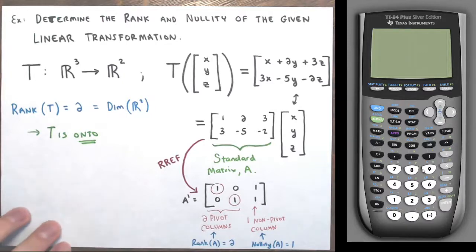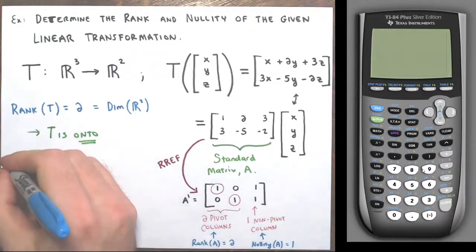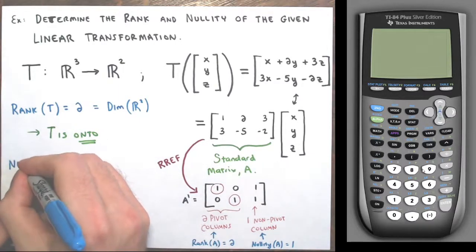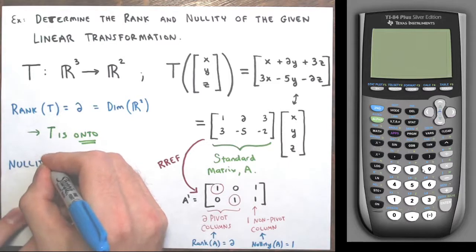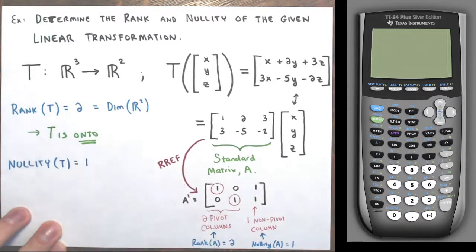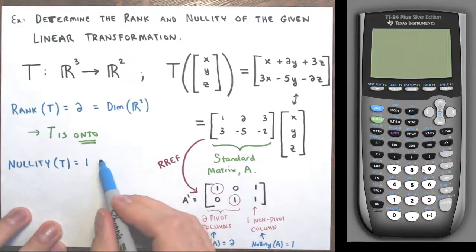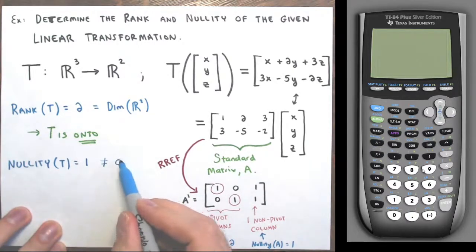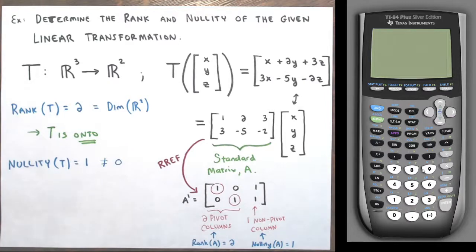And we saw earlier too that the nullity of the standard matrix is the same as the nullity of the transformation. So the nullity of T is 1, which is clearly not 0.